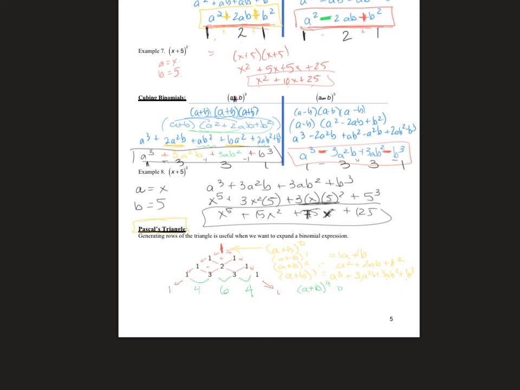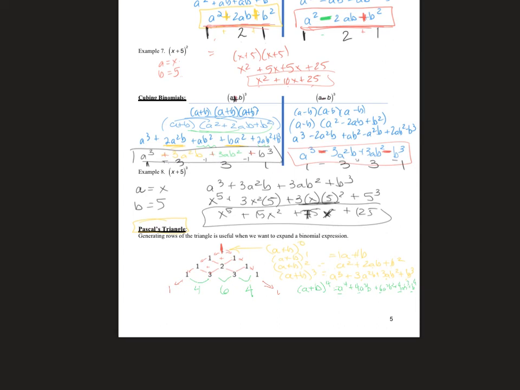So it would be a to the 4th plus 4a cubed b plus 6a squared b squared plus 4ab cubed plus b to the 4th. So that's where these coefficients come from. And the a exponents decrease as the b exponents increase.